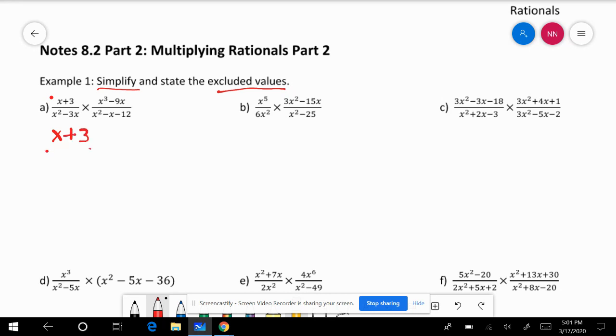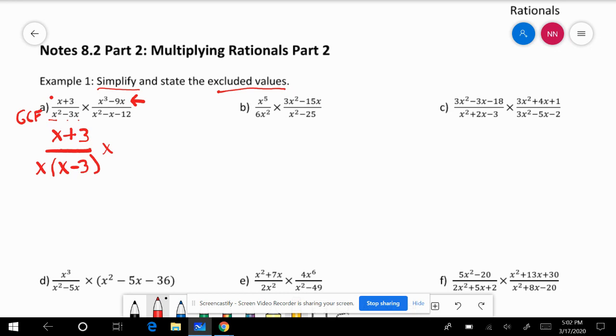Now, if we look at our denominator, we see that they both have an x in common. So we're going to use the GCF. We factor out an x, and then what we have is an x minus 3. Now, looking at the other fraction right here, we see two different things.